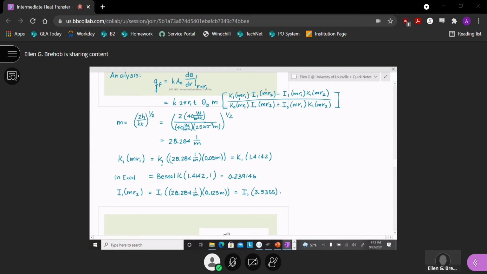Okay, and I put that into Excel, and that gives me, so now I put Bessel I. We'll show one more. Equals Bessel I, and a 1, and I get 6.408073.